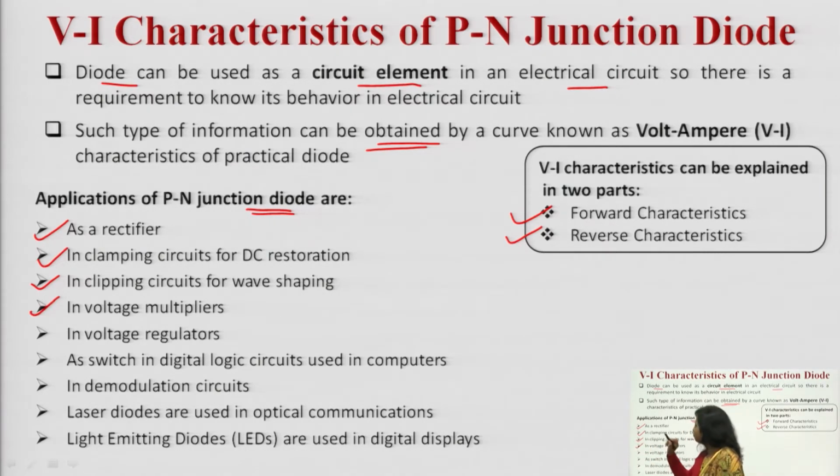It can be used in voltage multipliers, voltage regulators, as a switch in digital logic circuits, in demodulation circuits, laser diodes, LED diodes, even in a number of toys nowadays, because of the use of LEDs. So, the PN junction diode is a versatile component, used in a number of devices. On this basis you can list the applications as well.